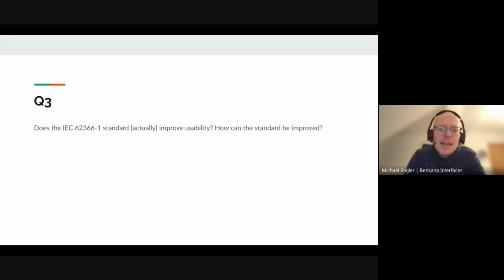Does it improve usability? I would say if you apply it in the way it should be applied, it can help to ensure that we see safe devices. But it might actually not bring us to the point that we have good usability because we only look at the safety parts if we fulfill the regulatory requirements.